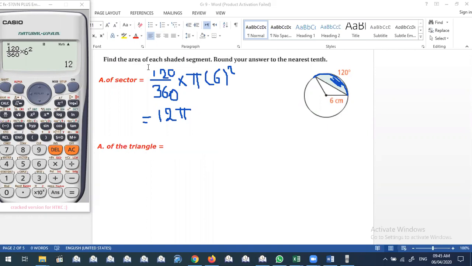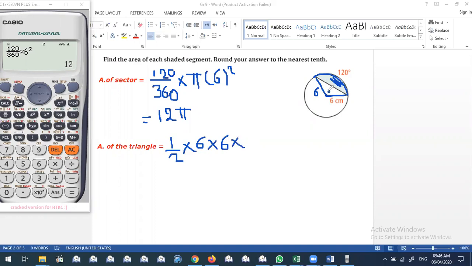If you don't have, you can use half times sine, the rule of the sine. Here we don't have any right angle in this triangle. So we are going to use half times two sides. This first side is 6, and also the second side is 6. So half times 6 times 6 times sine of the included angle.